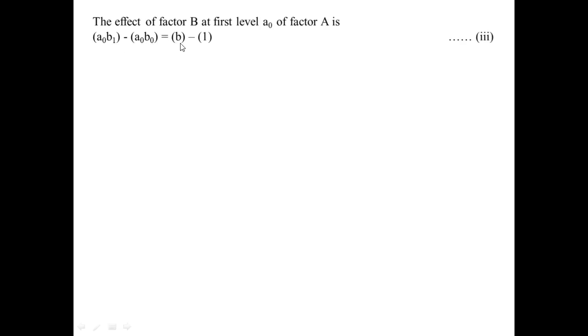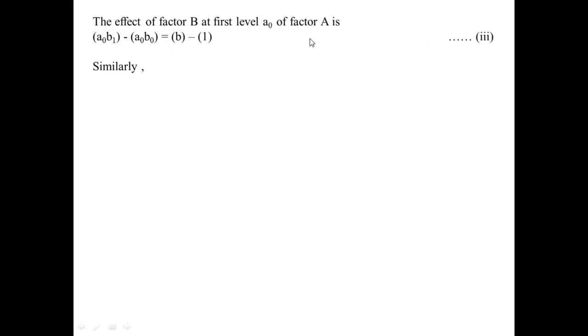This can be written as (b) minus (1). Here (b) means the mean of treatment combination b, and (1) is the mean for treatment combination 1. To find the effect of factor B, we fix factor A at low level. Consider this as equation 3.